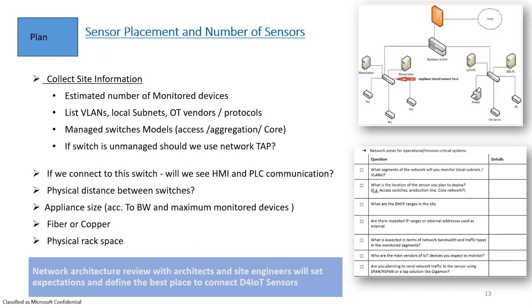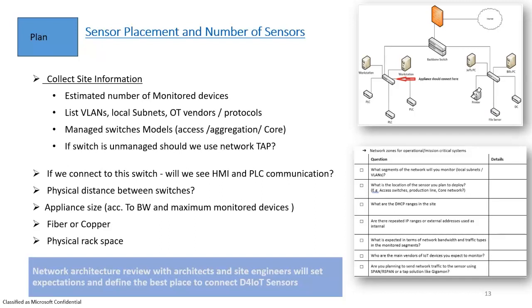Estimate the number of assets that will be monitored, and that will help us determine what kind of sensor model they would need. In addition to that, once the sensor model decision has been made, the next thing they need to focus on is determining the subnets and the VLANs that will be monitored.